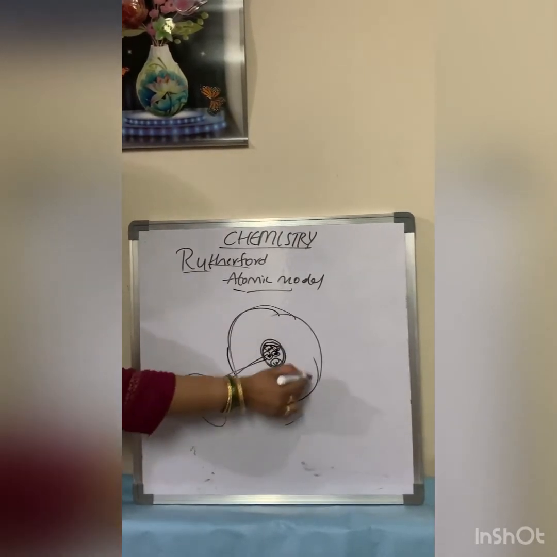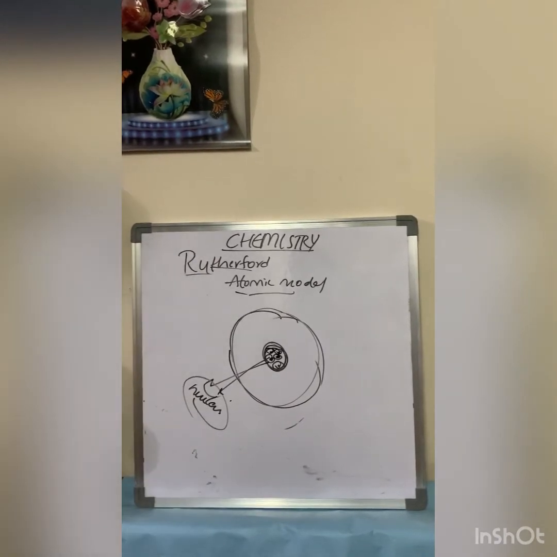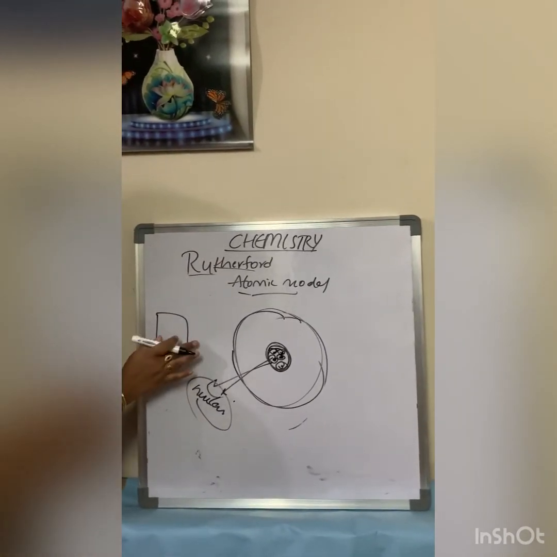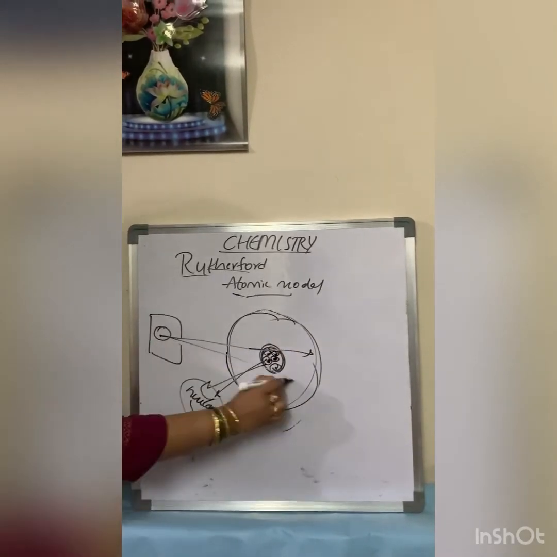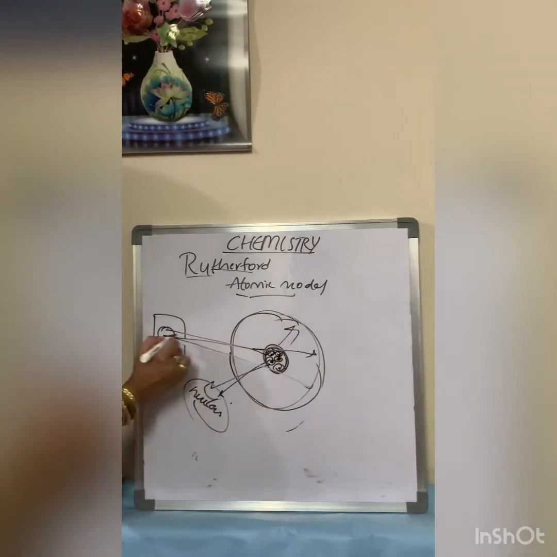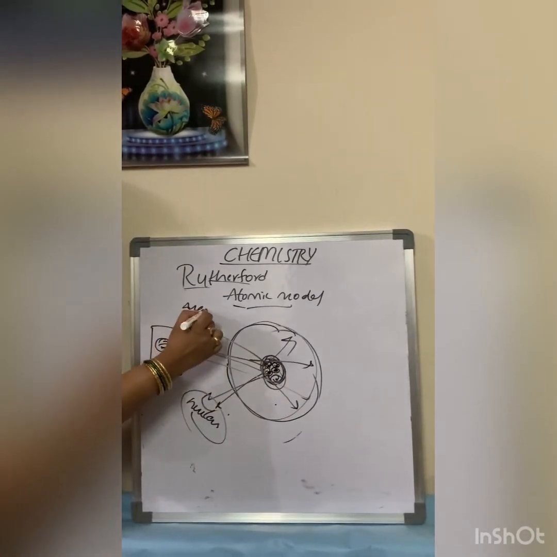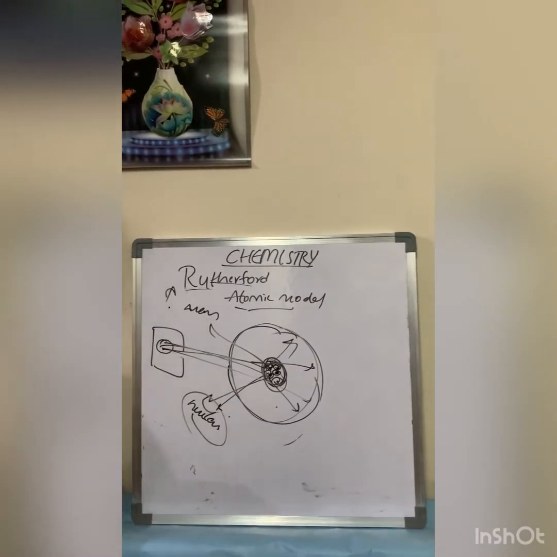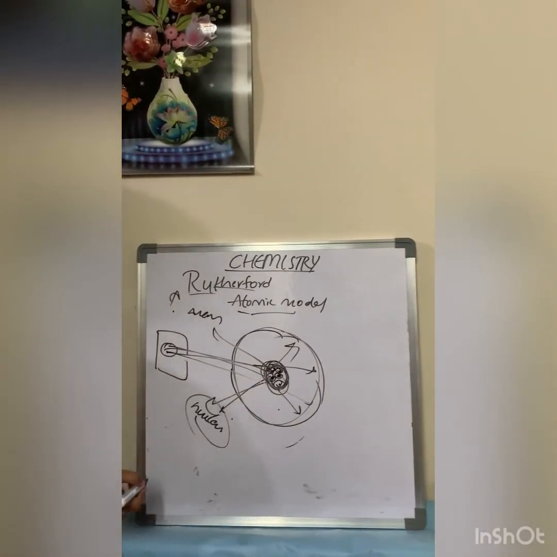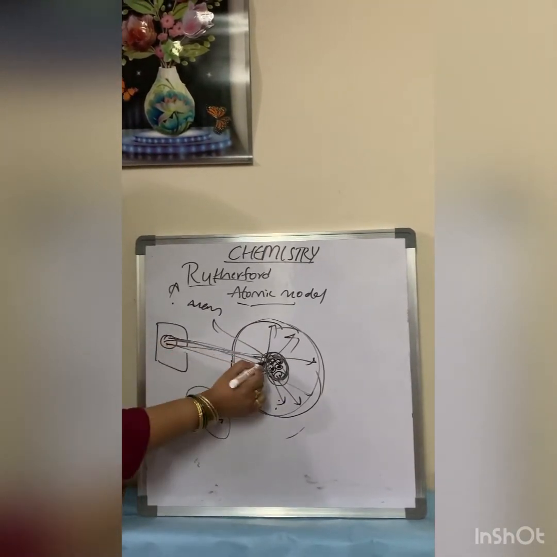This is the atomic structure he got from that experiment, because some alpha particles were not deflected, some got deflected, because all the protons are accumulated at one place, so the mass here is more and they became deflected. And even some got rebounded.